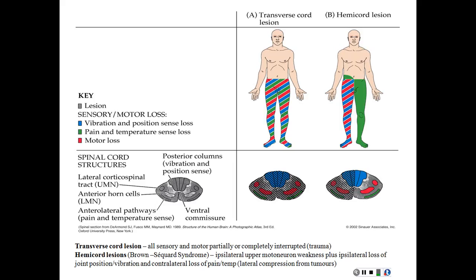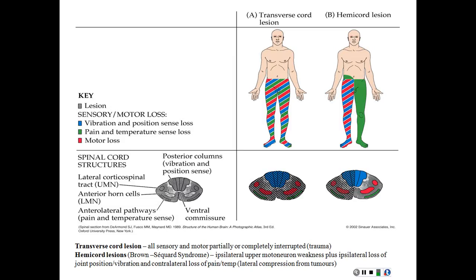I think you get the idea that descending motor information, right, has already crossed the midline. It doesn't matter that the voluntary activities are arising from the contralateral cortex. It's the fact that that descending motor information, as it's coming down, is interrupted.